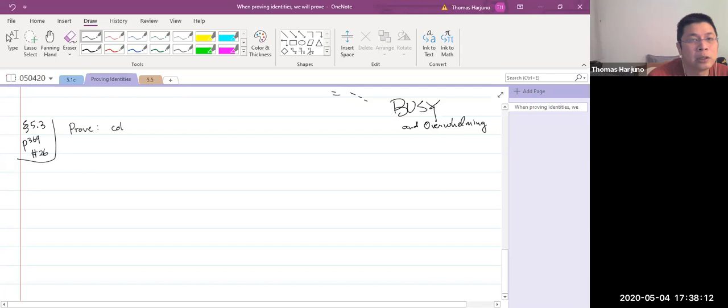Cotangent negative x times cosine of negative x plus sine of negative x equals negative cosecant x. I will start from left to right.